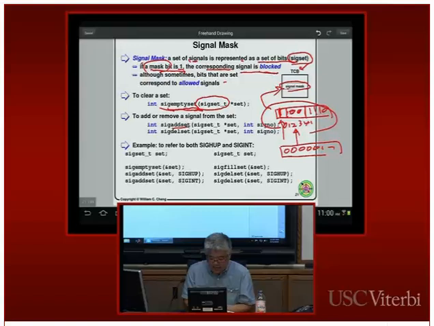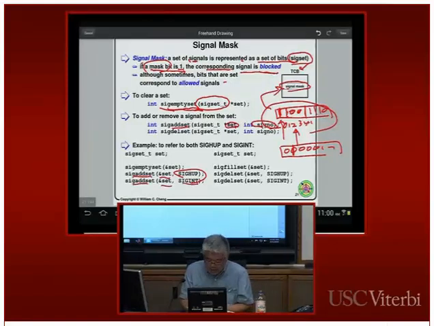If you call sigaddset, it will take the set and add the signal to it. So given SIGHUP, I think signal number 1, you will turn this bit into 1. If you call sigaddset with SIGINT, you will turn this bit into 1.